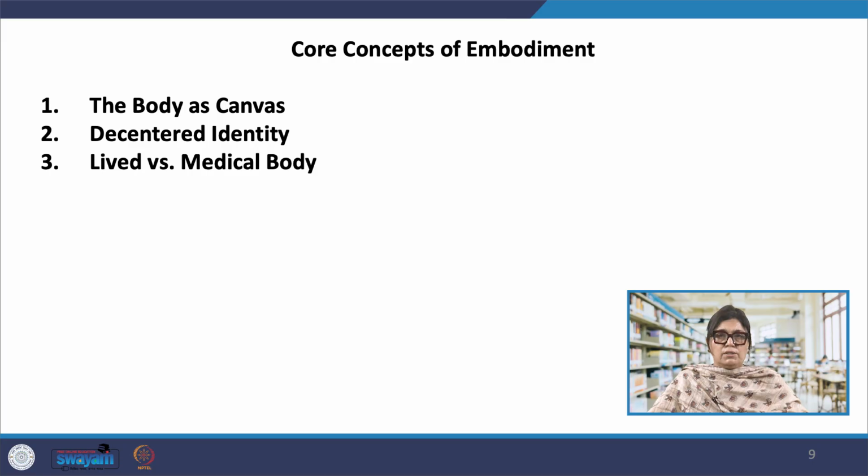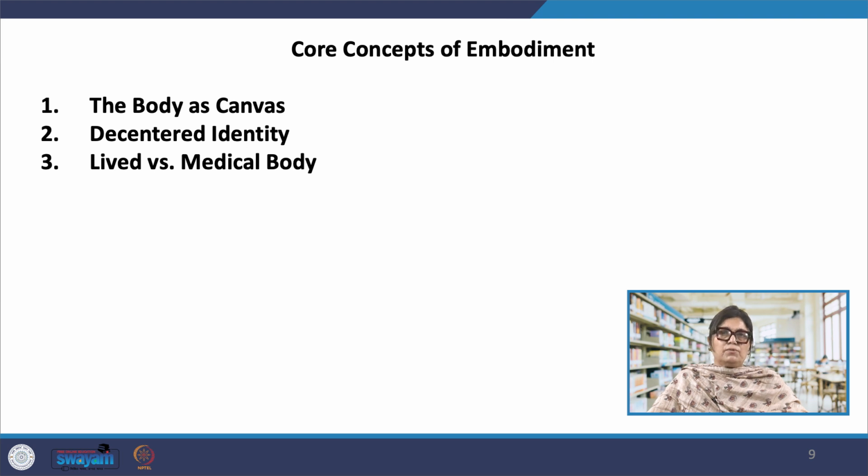If we talk of core concepts of embodiment, graphic autopathography, which is a subgenre of autobiographical comics focused on illness, uses the medium's unique properties to explore the embodied self. This exploration is undertaken through different ideas and concepts such as the body as canvas.